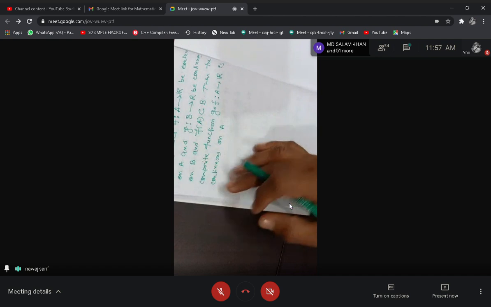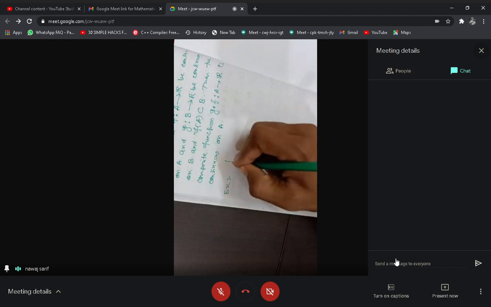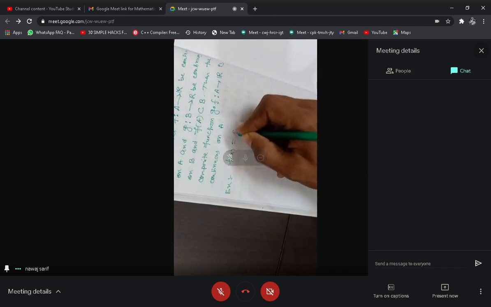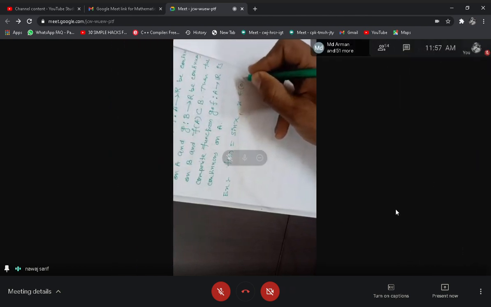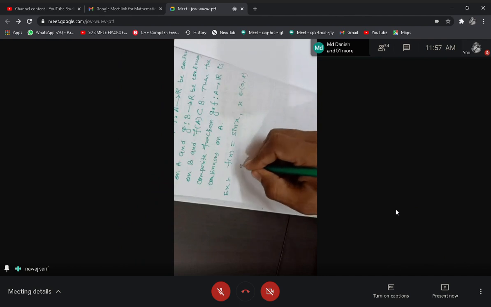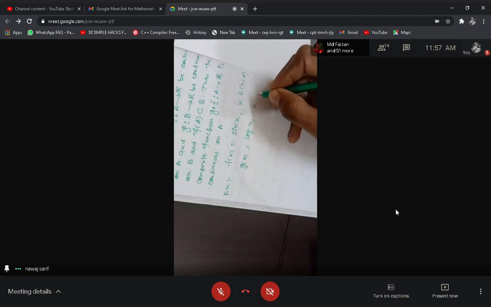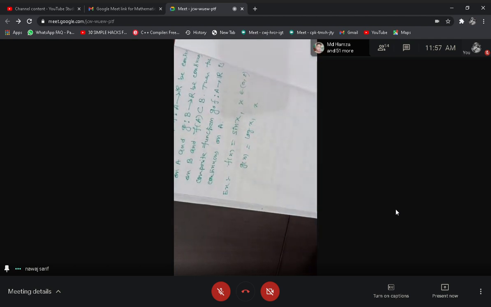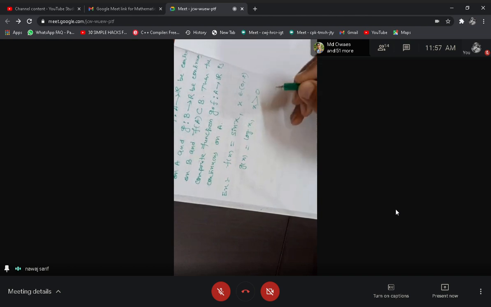So for example, write f(x) equal to sin x when x belongs to 0 to pi, and g(x) equal to log x. What is the domain of log x? X greater than 0.